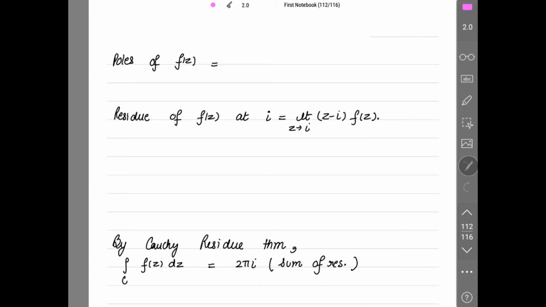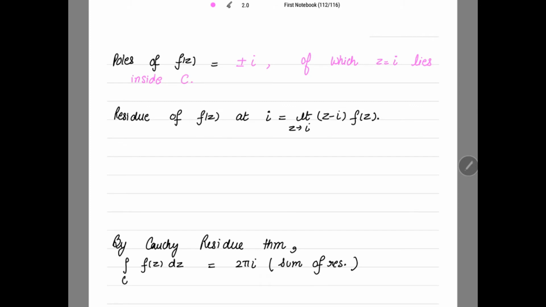Now the poles of f(z) are plus minus iota, of which z equal to iota lies inside C, right?